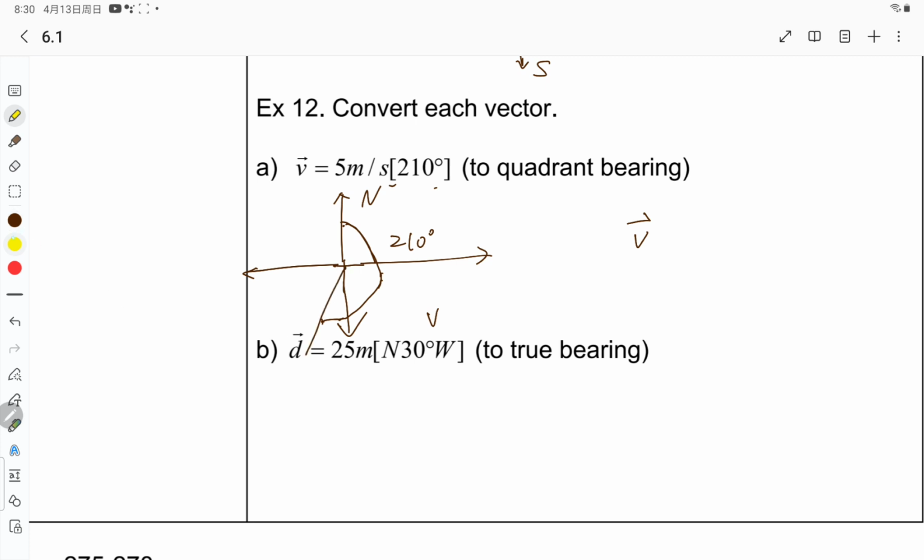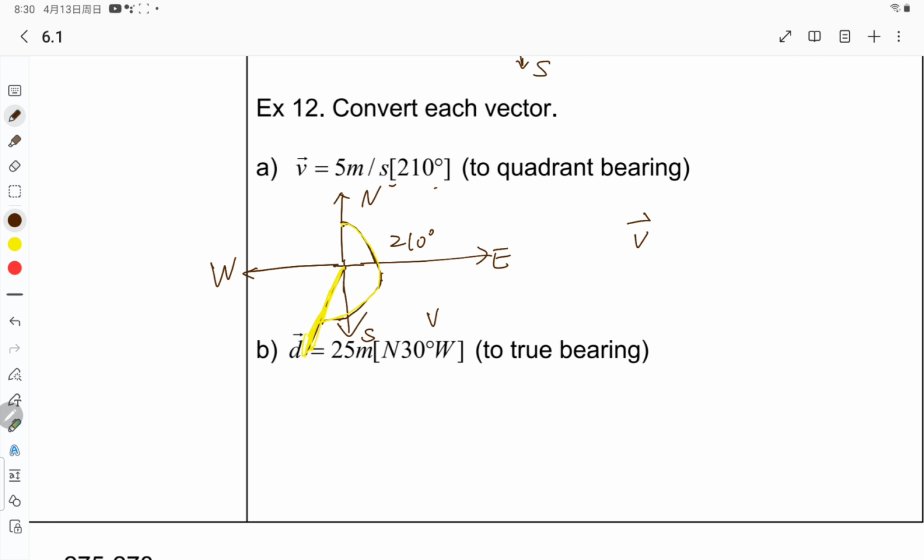So this vector is here. Okay. So 200 is already going over to here. And so north, south, east, and west.